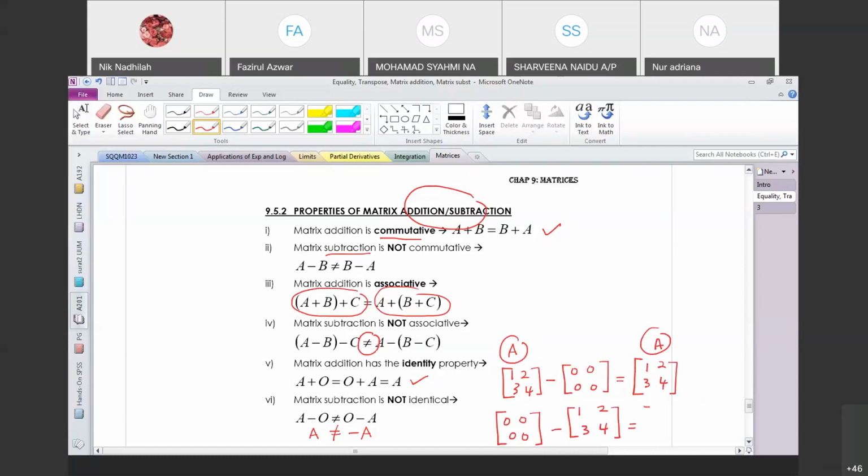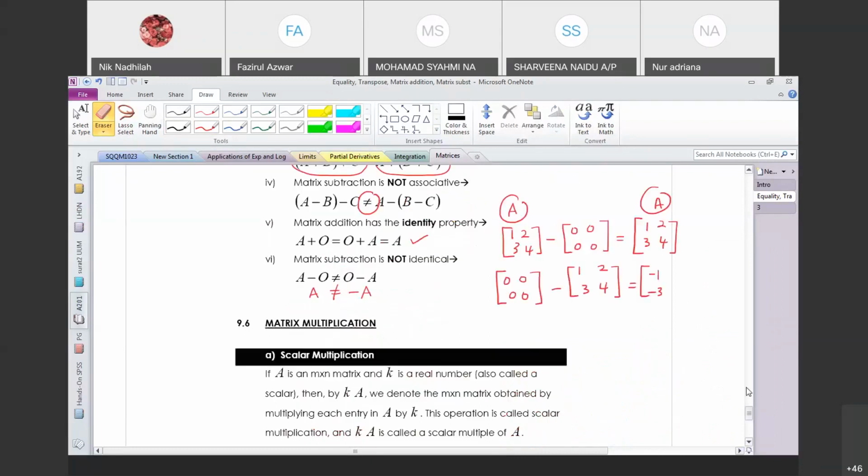You will get -1, -2, -3, -4. This is negative A, and you can see A is not equal to negative A.